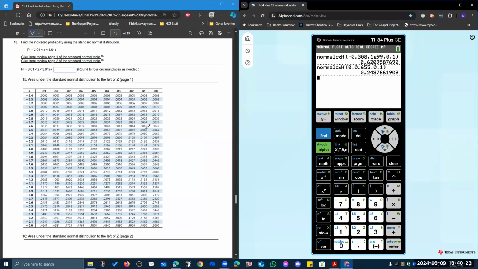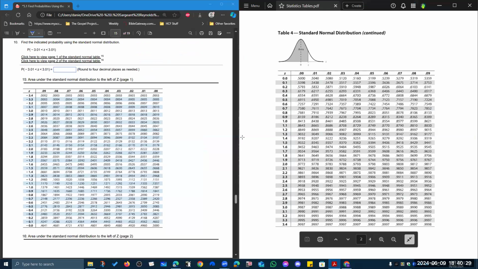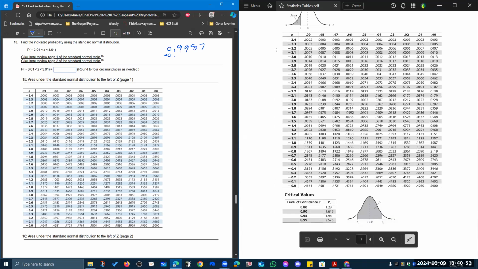All right. Z table time again. And we want between 3.01, 3.01 is 0.9987, and we're going to subtract negative 3.01, so that's going to be 0.0013.